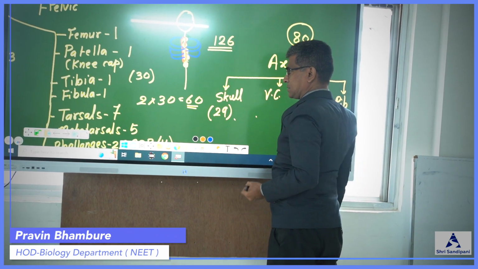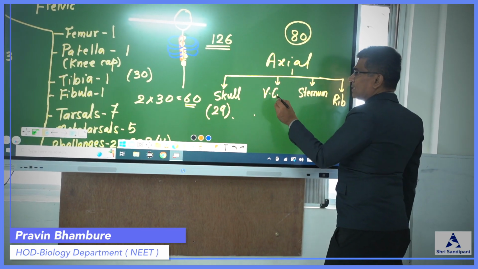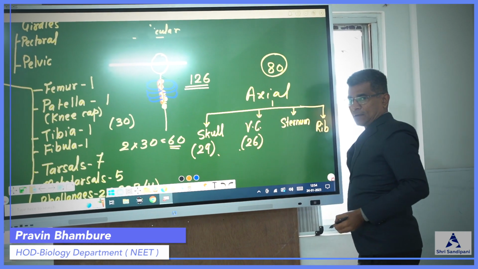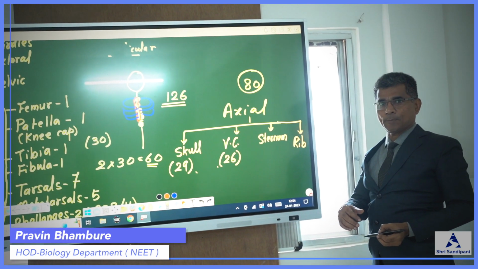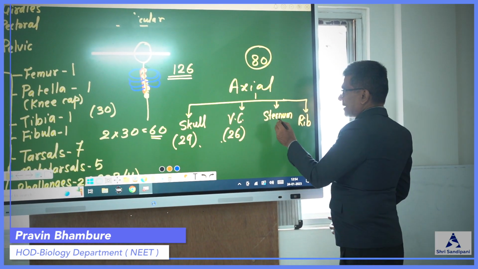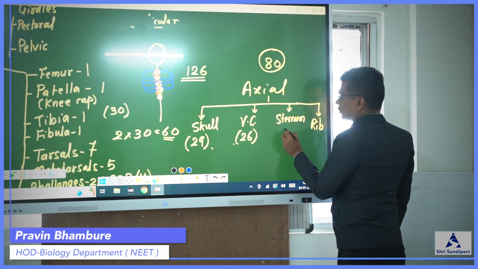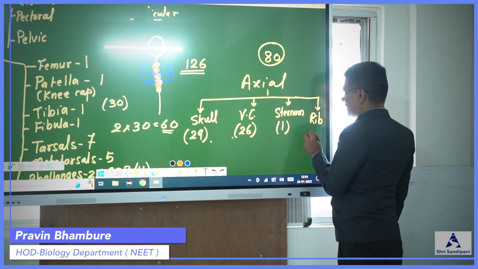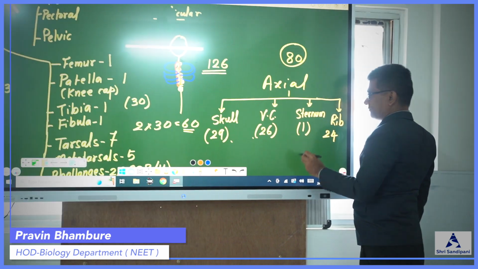Then the vertebral column has about 26 small vertebrae by which our body is made. And sternum, we have one sternum, and ribs, we have 12 pairs, that is 24 ribs.